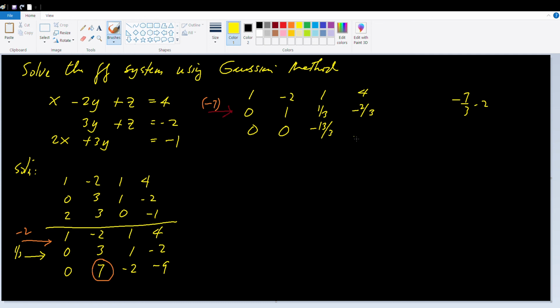Okay? Negative 13 over 3. Then negative 7 times negative 2 over 3 is positive 14 over 3 added to negative 9. So that will be 14 minus 27 is negative 13 over 3. Okay?